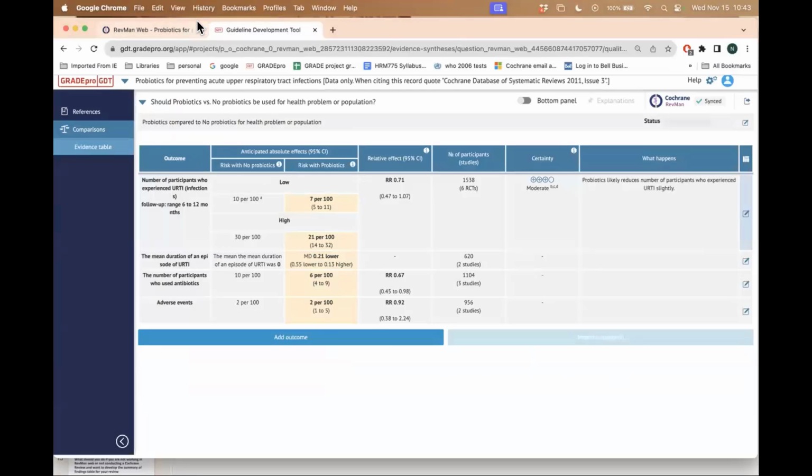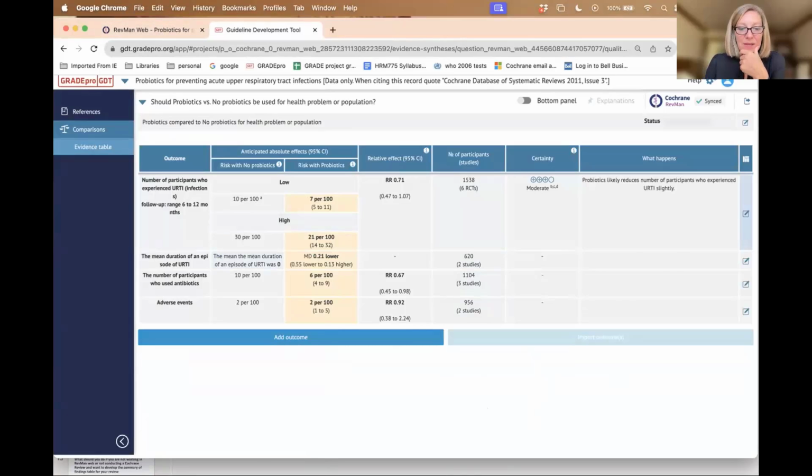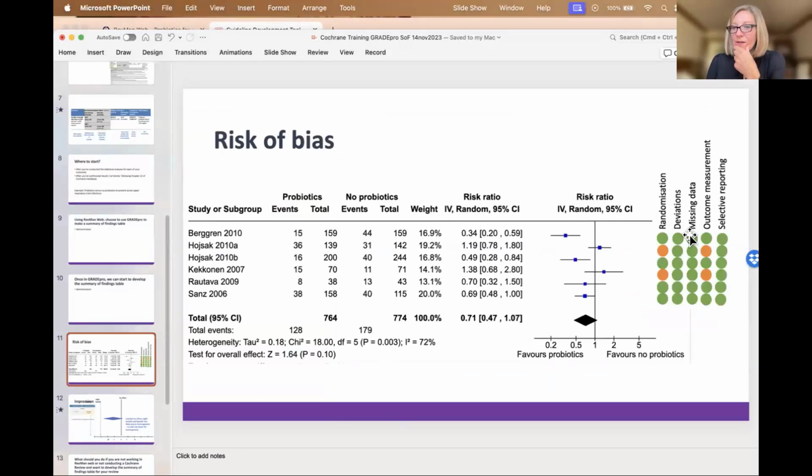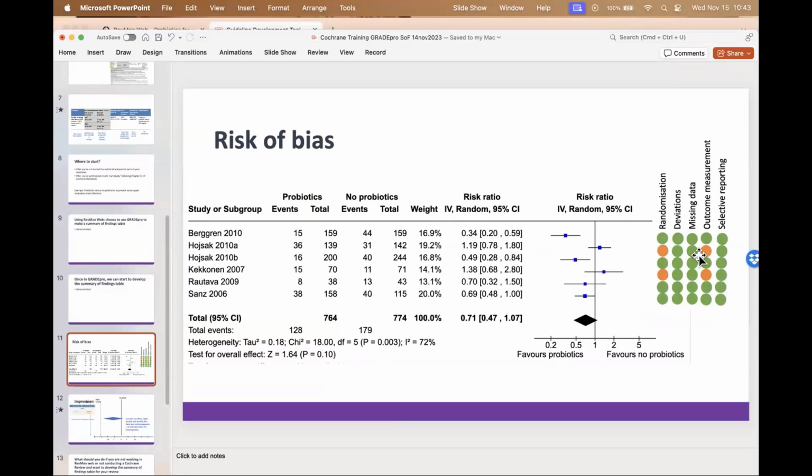Okay, and just a quick question. The slides of the risk of bias you keep referring to, are they coming from your meta-analysis? This here? I suppose, yes. This would have been our assessment of each individual study.